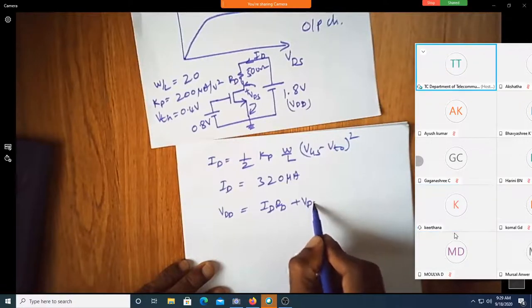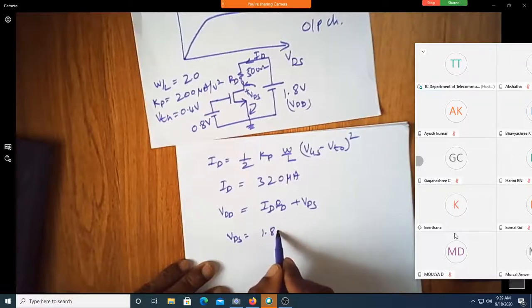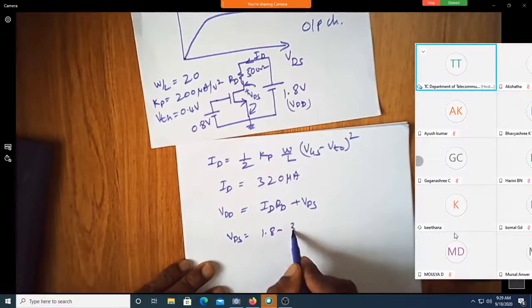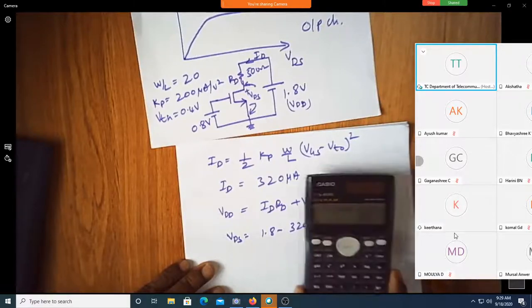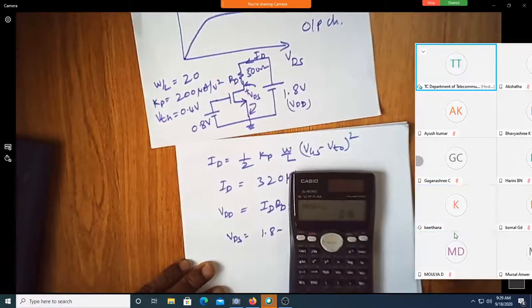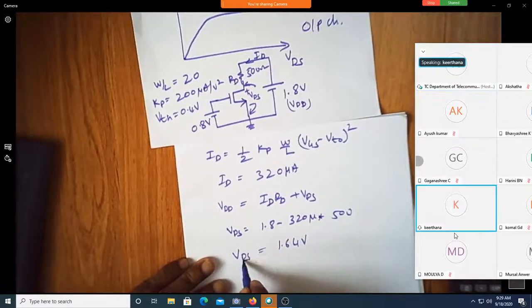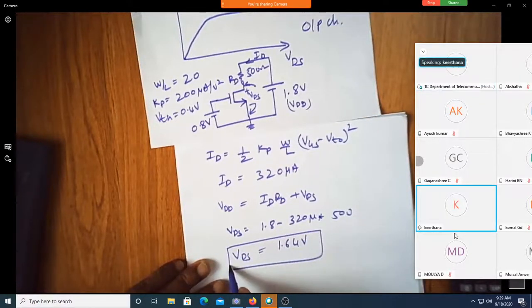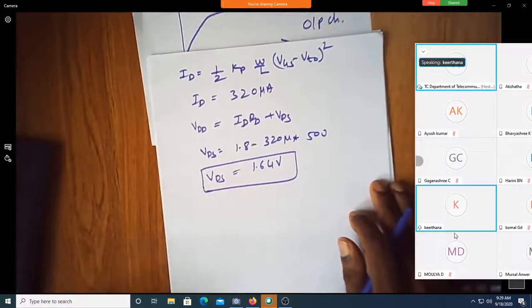So can I now find out what is VDS? It is 1.8 minus 320 micro into 500 ohm, which is 1.64 volts. Correct? So the MOSFET is in the saturation region. Am I correct?